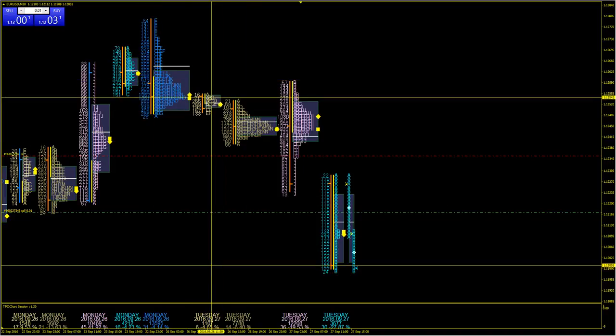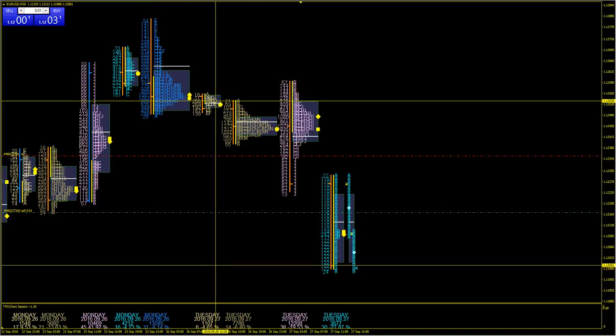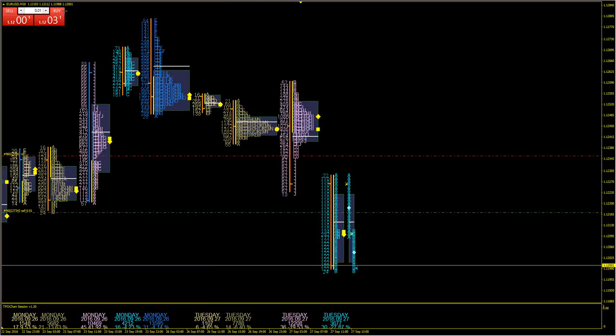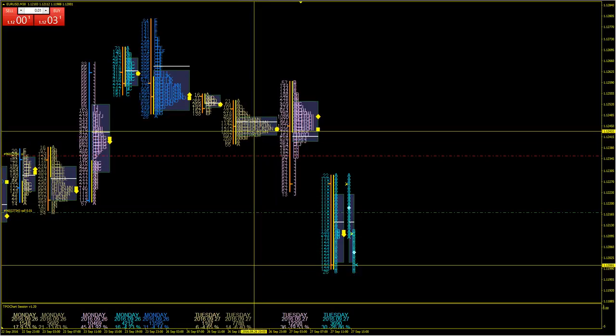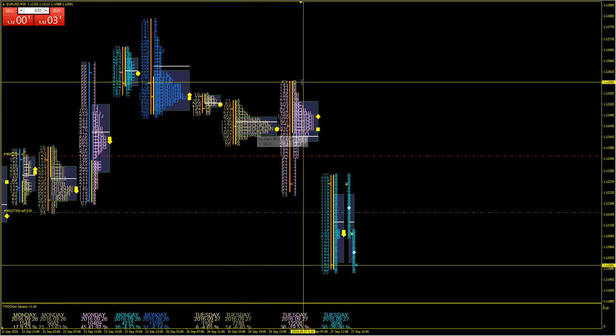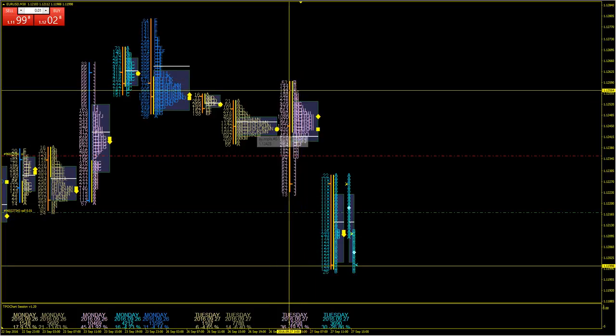Then nothing special this evening, of course, because we have just a few hours there. Then we start the Asia session here, a very neutral profile, and then the Europe session started, and we got the selling tail again.